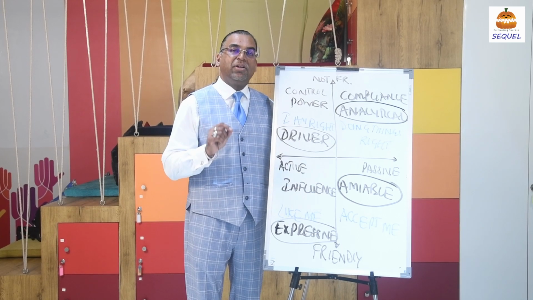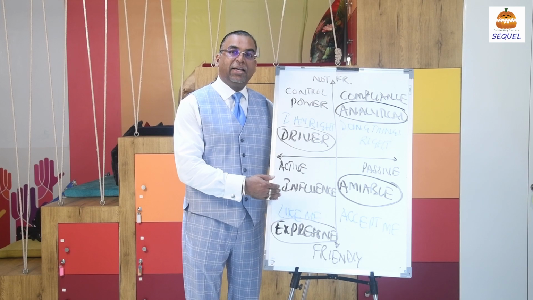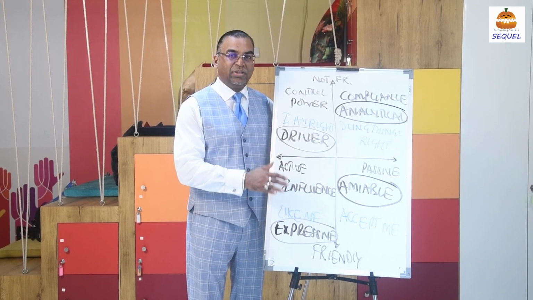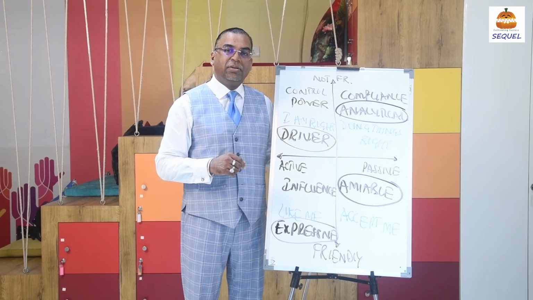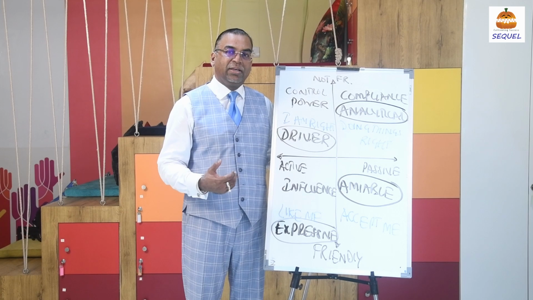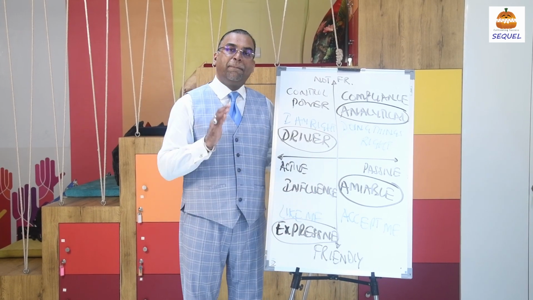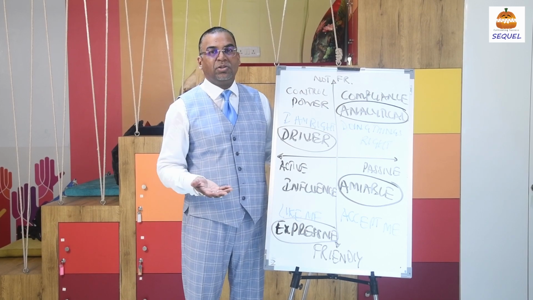They have an opinion on everything. It's very difficult for them to stay quiet. They love to talk. Amiable will talk only when required. Very rarely will they take the initiative, but they are the ones who keep on absorbing things. Analytical primarily churns out data, facts, figures, in the way they are talking as well.